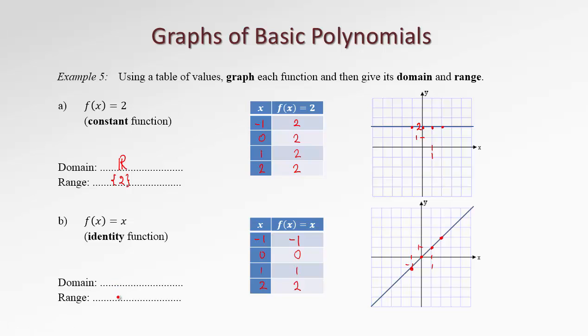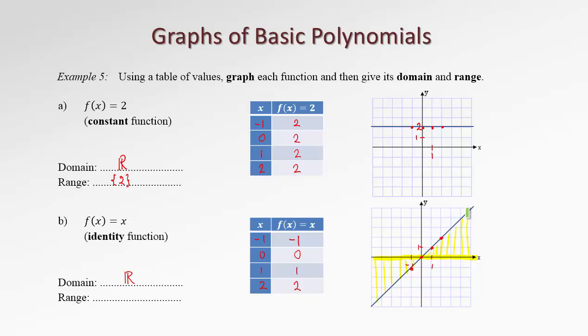And domain and range. Again, for domain, there's no problem. We can take any real number, and we can see it by projecting our graph onto the x-axis. Every single real number will be shadowed. That's our domain. So let's record this. Domain is all real numbers. What about range? Well, range is the same.